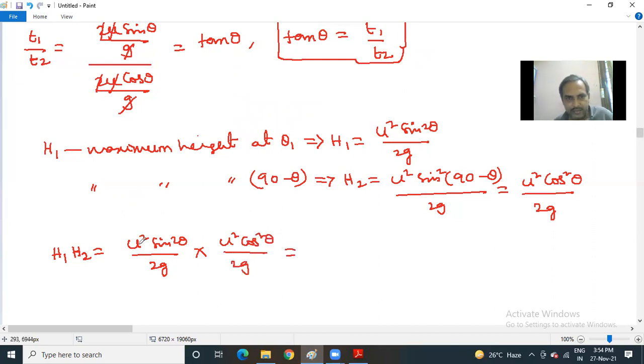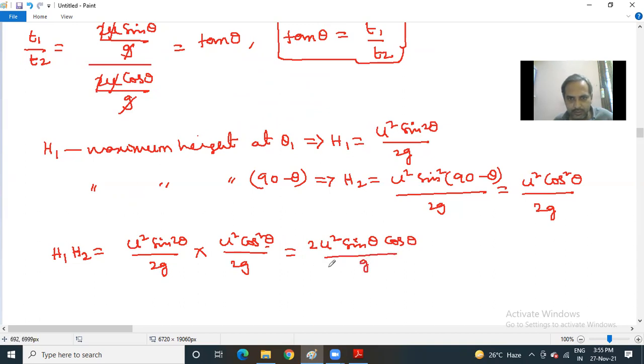Now let us write this as u square. I'm taking one sin theta from this, one cos theta from this. Then let us try to have even 2 here. We'll divide with the 2 in the next step. This is by g.